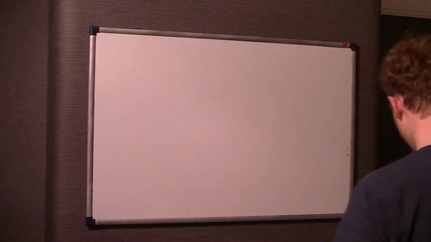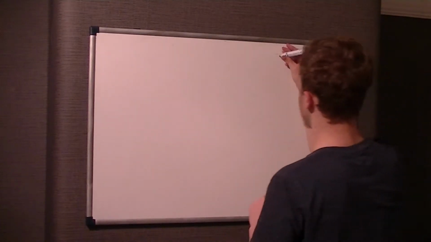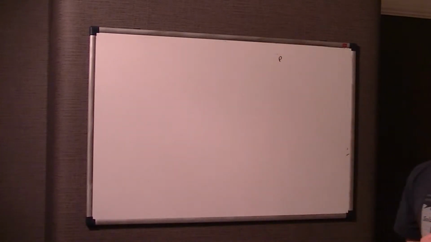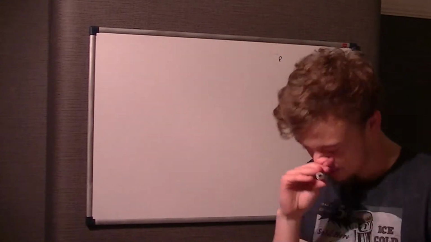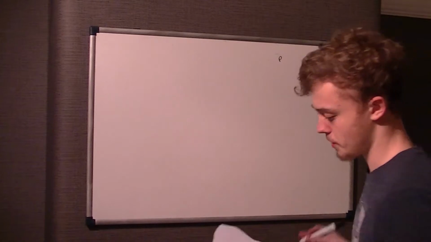Right, okay, so the first one, we need to draw a probability function, but we're given this information. I'm assuming you've got the paper with you, but if you haven't, I'll give you the bits of information you need.